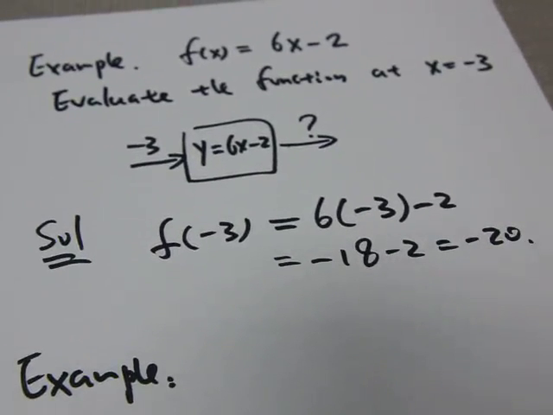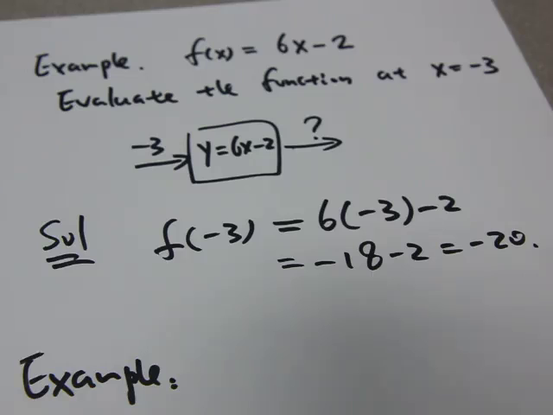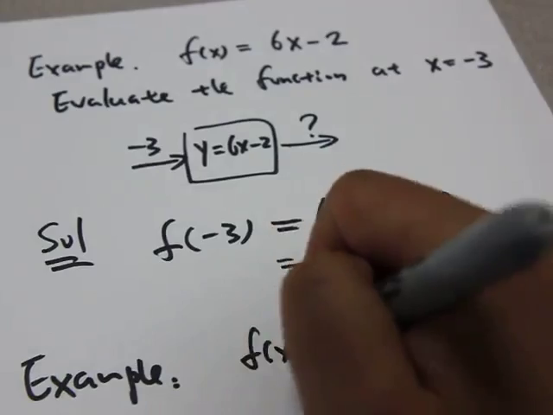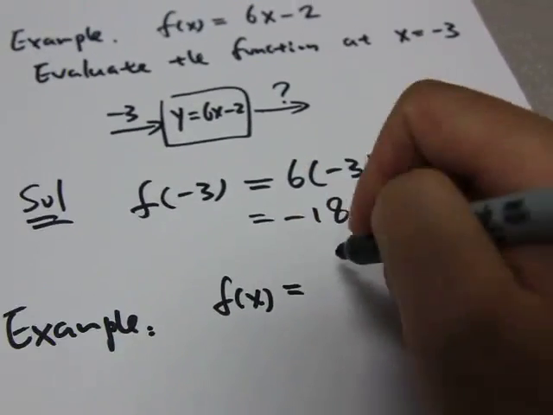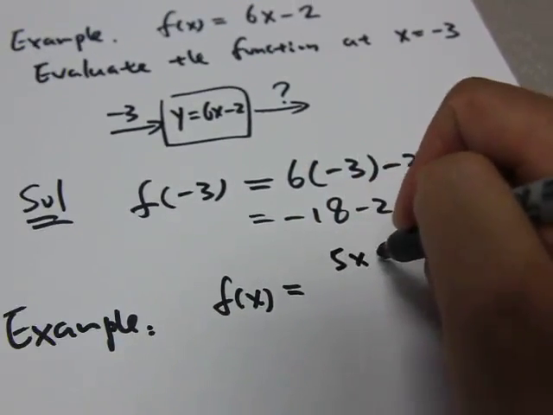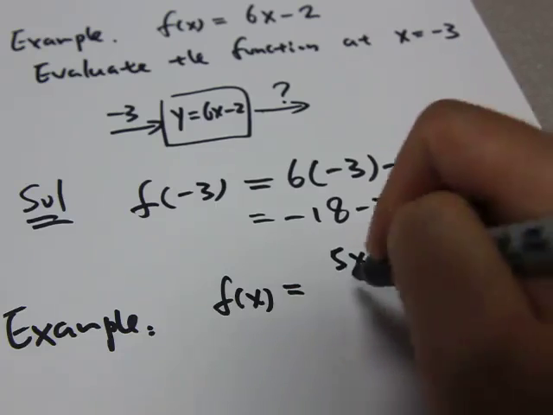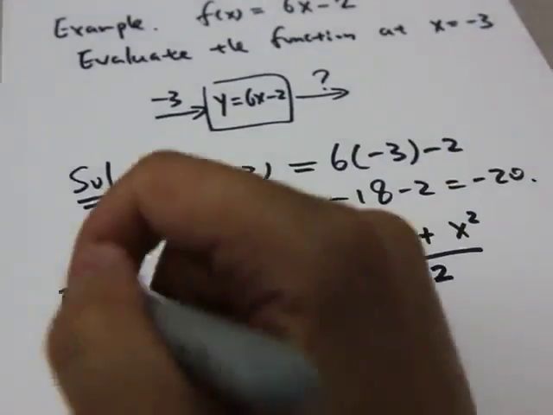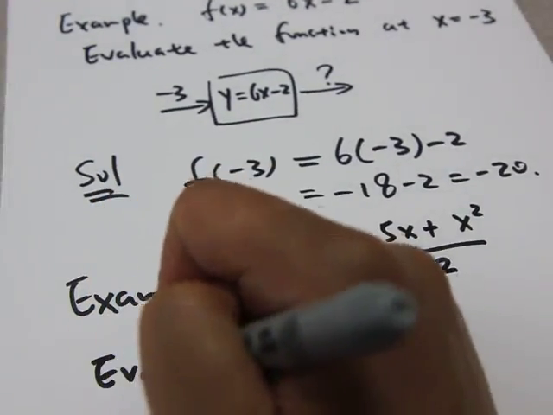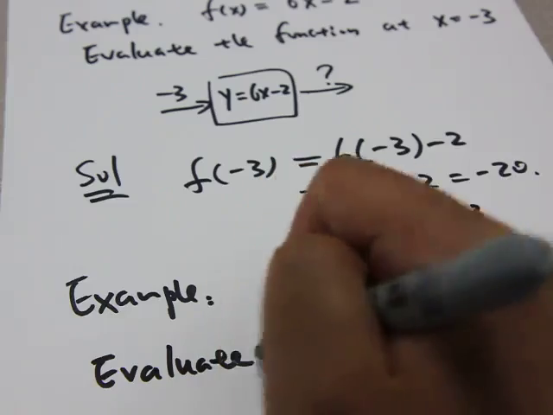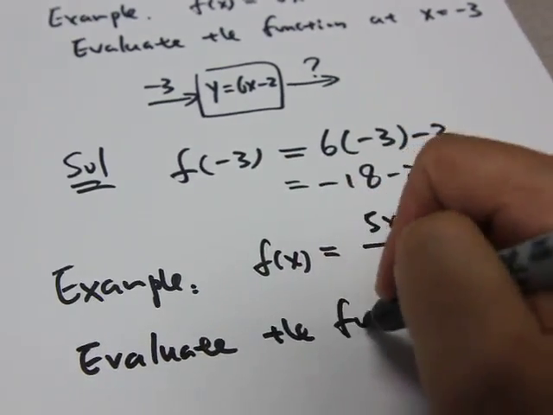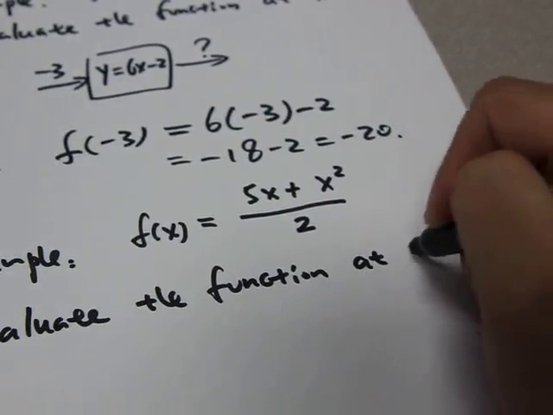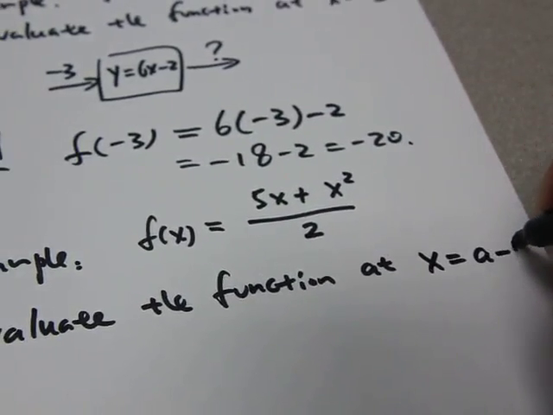So for example, given this function f(x) equals 5x plus x squared over 2, we are asked to evaluate the function at x equals a minus 1.